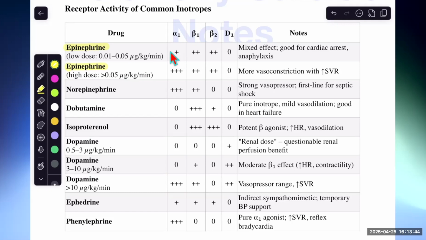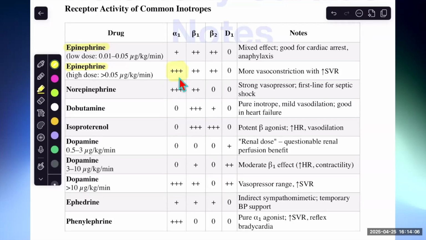Here you have a small alpha and predominantly beta 1 and beta 2 effect, on contractility and heart rate. So it has a mixed effect, and it goes for arrest and anaphylaxis. But if you increase the epinephrine, then it will go over to alpha 1, which is the vasoconstricting effect.